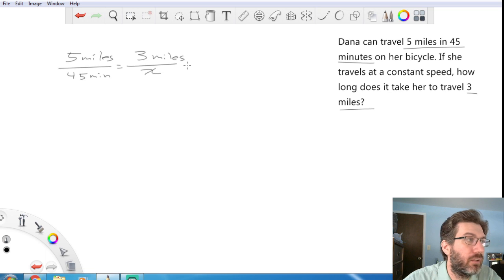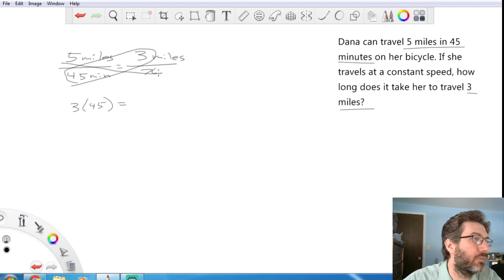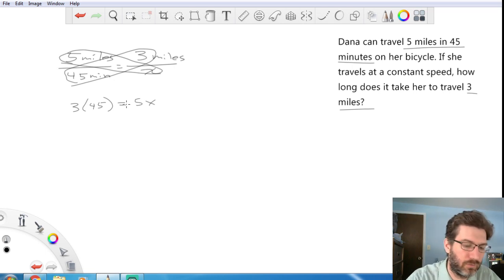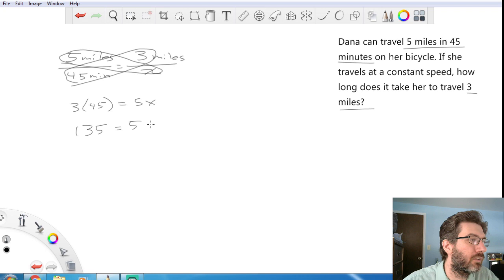Once you do that, you just cross multiply to solve. So 3 times 45 is equal to 5 times x. 3 times 45 is 135, equals 5x. And again, you want to get x by itself, so divide each by 5.